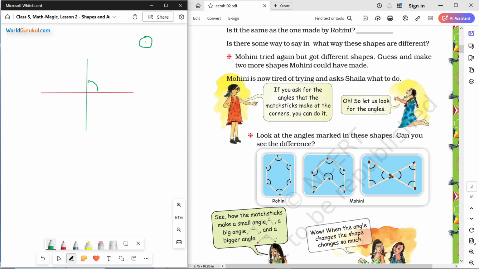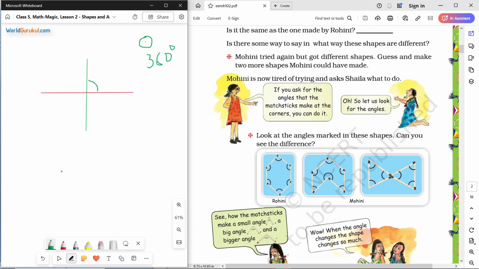So this will be a portion of that. This angle appears to be 1/4 of these 360 degrees. Okay, degrees are measured like this, with a small zero above the number.